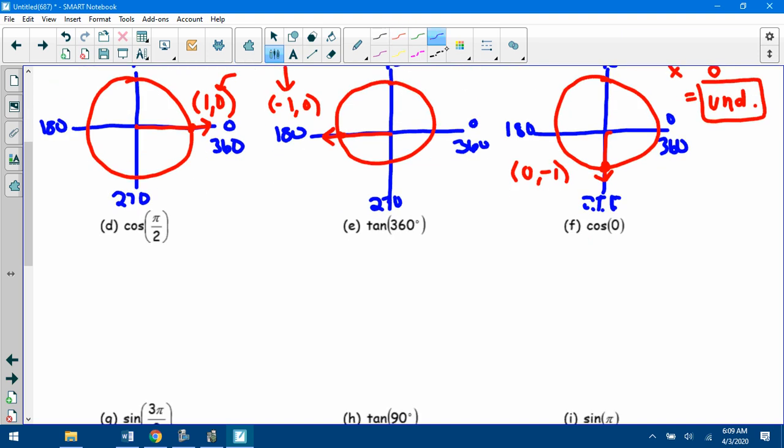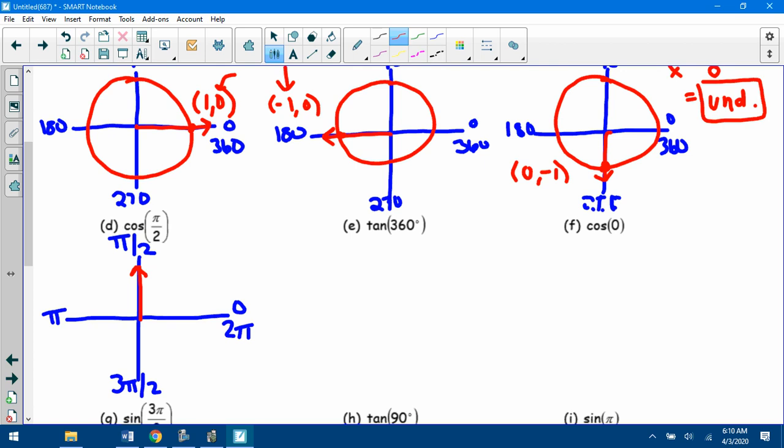Okay, on to the next row. Cosine of pi over 2. It's the same idea, but now I'm in radians. 0, pi over 2, pi, 3 pi over 2, and 2 pi. I'm over 2, so I'm definitely a quadrantal. So that's going to be right here. Draw your unit circle. What point would be up here? It's 0, 1.